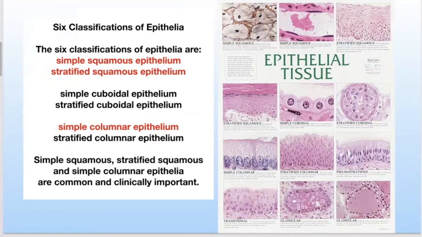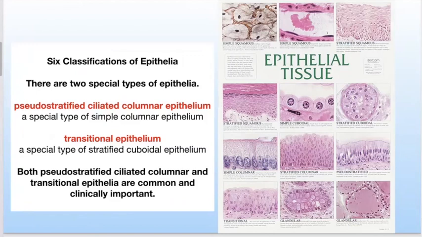The epithelia that are in red on this slide are common and clinically important. These are simple squamous epithelium, stratified squamous epithelium, and simple columnar epithelium. Those would be the first 3 to definitely memorize and have a really solid understanding of.